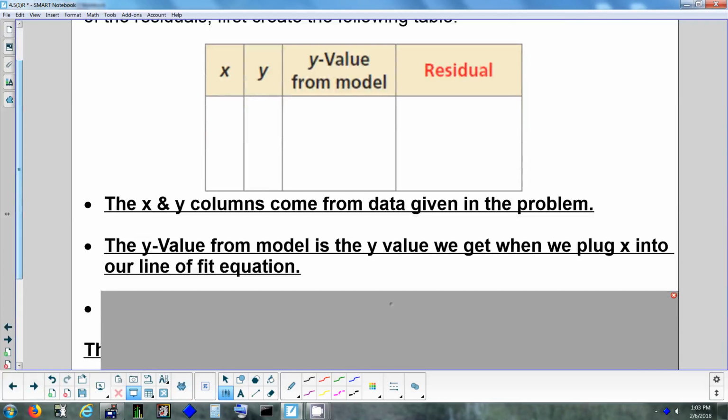So the Y value from the model is the Y value you get when we plug in X into our line of fit. So this means we have to find the line of fit, okay? And we did that yesterday. Sometimes they'll give it to us. I think in some problems they give it to you.